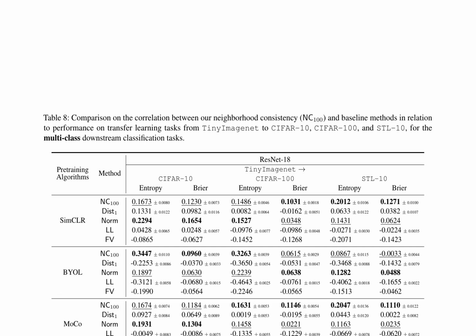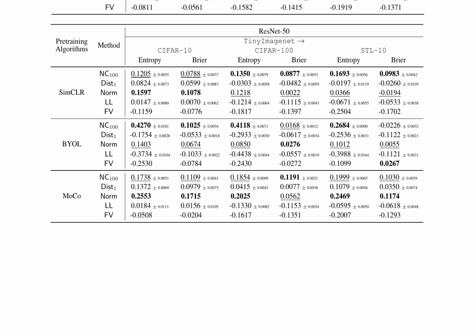This suggests that SimCLR effectively enhances the neighborhood consistency of pre-trained models, potentially improving their performance on downstream classification tasks. In contrast, other baseline methods exhibit varying levels of correlation, often showing negative values or lower positive correlations. The choice of architecture influences the effectiveness of these algorithms, with ResNet 50 showing higher values for SimCLR.